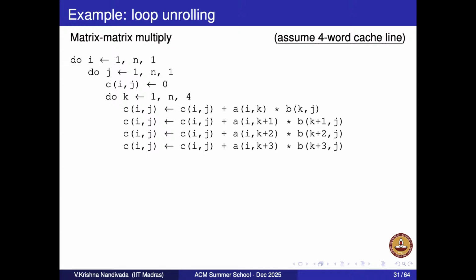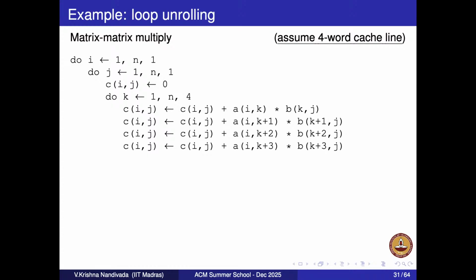Yes and no. If I am accessing A sub ik, assume there is a forward cache line, then once I load it, these three are free. It's more visible. What about B?